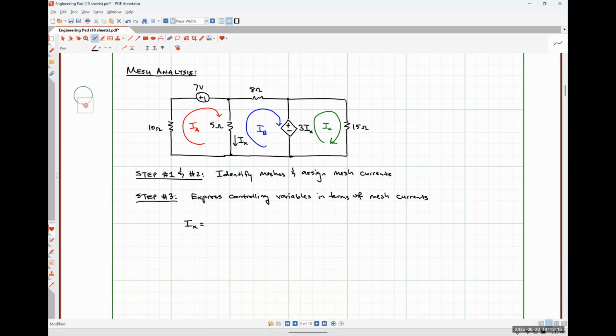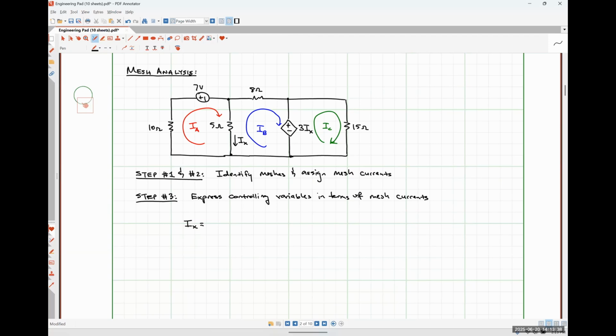Okay. So what we're looking for is that the mesh current that's flowing in the same direction as Ix as it passes through that 5 ohm resistor will get a positive sign, and the mesh current that's flowing in the opposite direction of Ix as it passes through that 5 ohm resistor will get a minus sign.